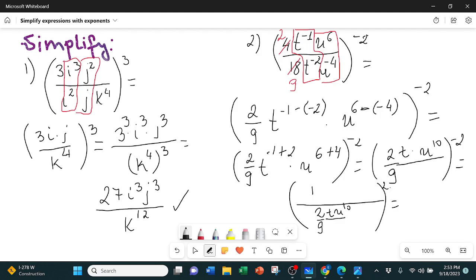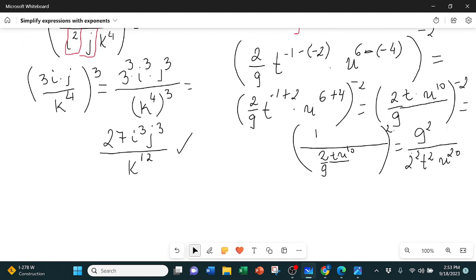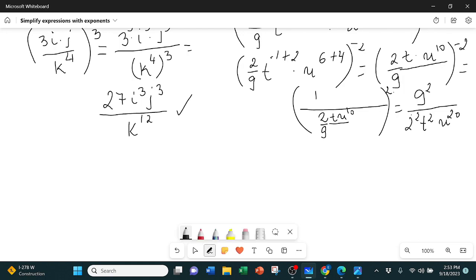And that's going to be 9 squared, if we flip it, since it's a reciprocal, over 2 squared t to the 2nd power u to the 20th. So I did a power of a power, and the final answer here could be 81 divided by 4 t squared u to the 20th power.